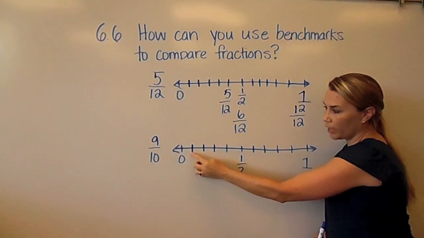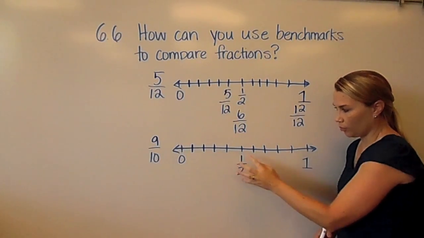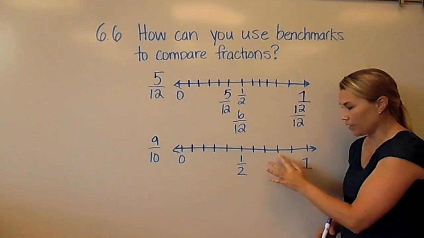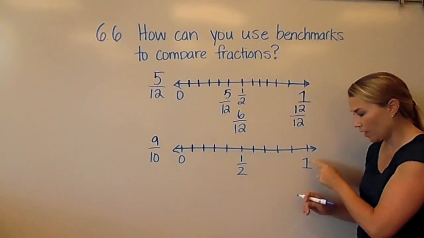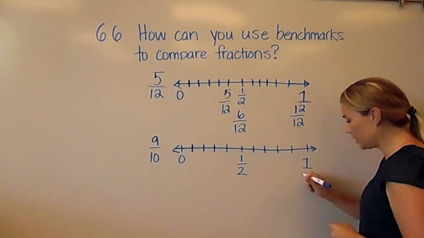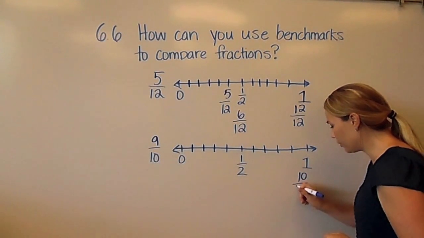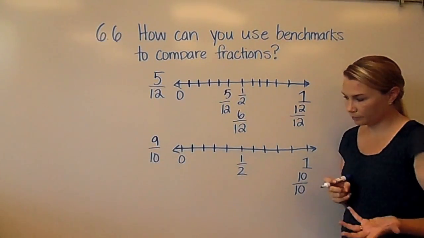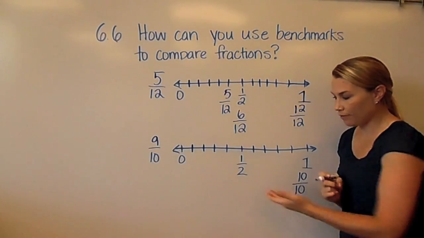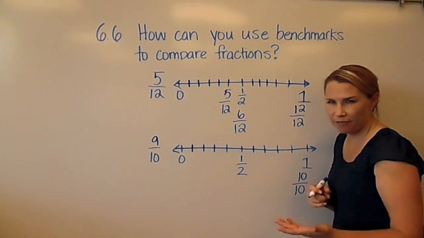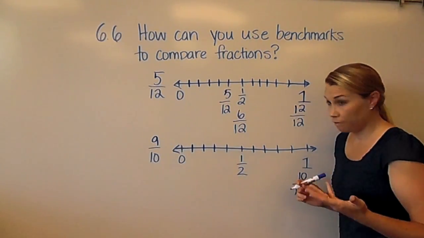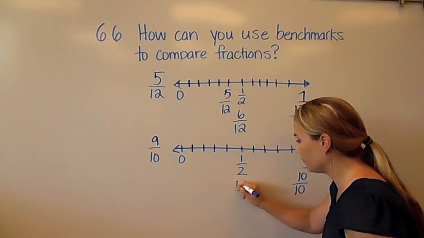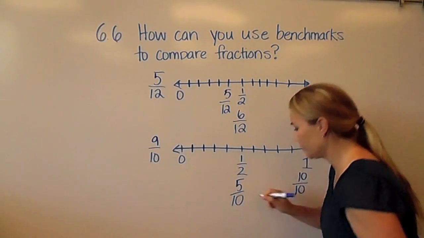So I have 1, 2, 3, 4, 5, 6, 7, 8, 9, 10. My 1 whole means 10 out of 10. If I'm thinking of half, I'm going to think what's half of 10? 5. 5 is half of 10.